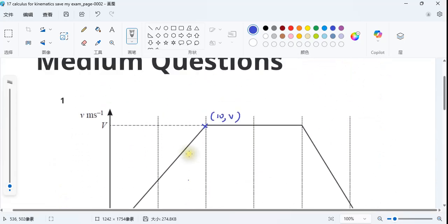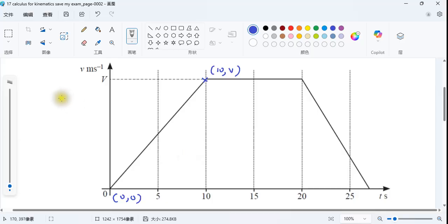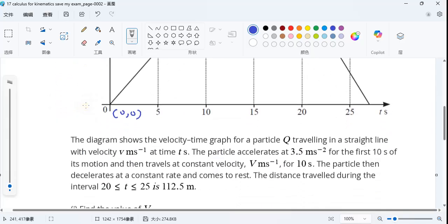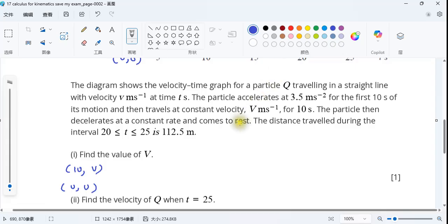For a VT graph, acceleration is equal to the gradient. So the acceleration is 3.5. That means the gradient, v minus 0 over 10 minus 0, is 3.5. So v is 35 meters per second. Okay, so 35.